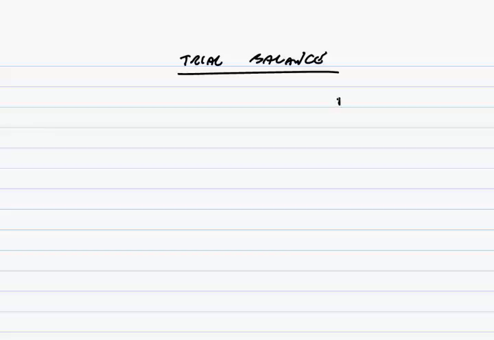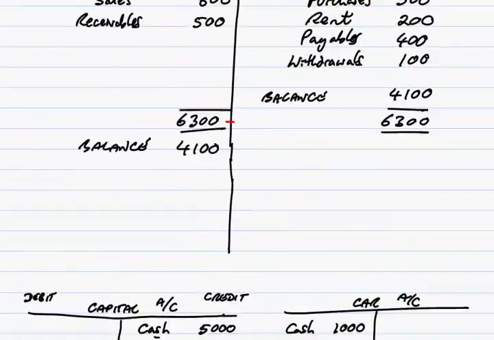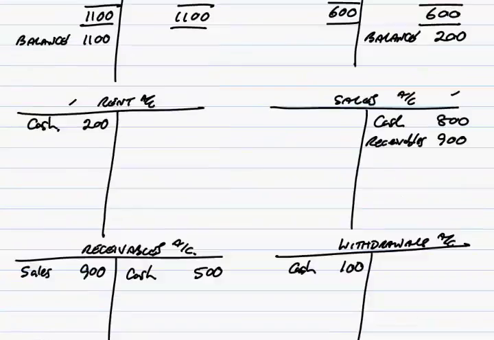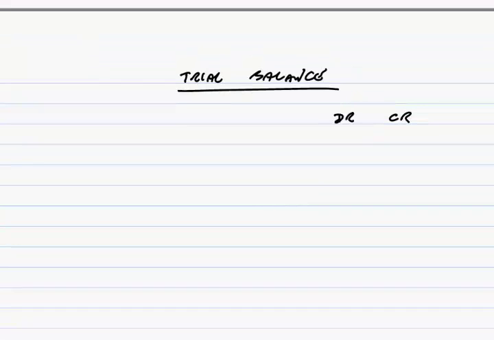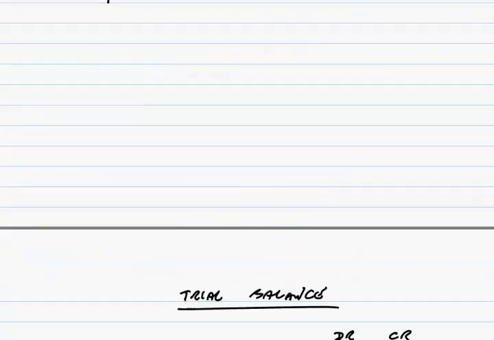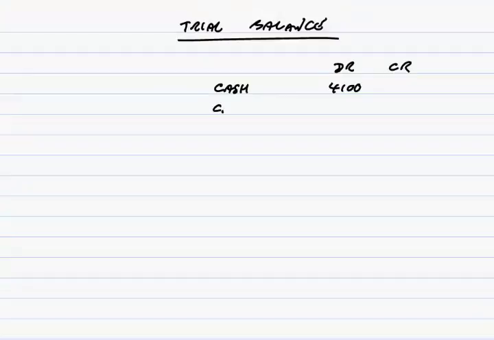Have two columns, a debit column and a credit column, and simply list the balance on every account. I'll start it. Cash, for instance, we ended up with a debit balance of 4,100. So put 41 in the debit column. Capital, we ended up with a credit balance of 5,000.